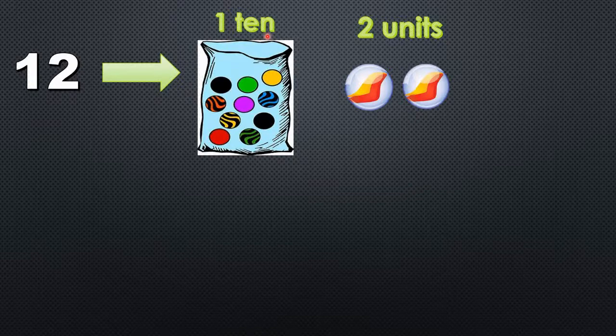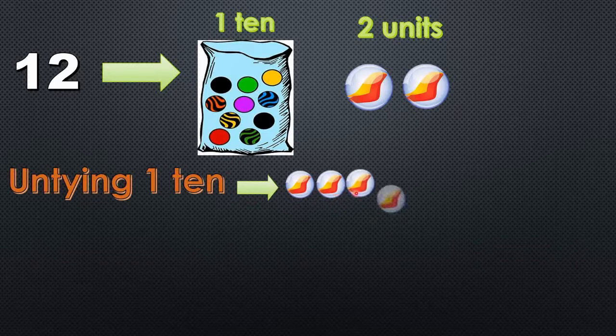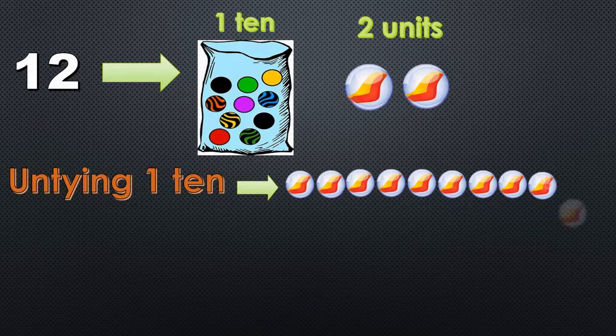And here 2 units are given, 1 and 2. If we untie 1 ten, it means 10 marbles.